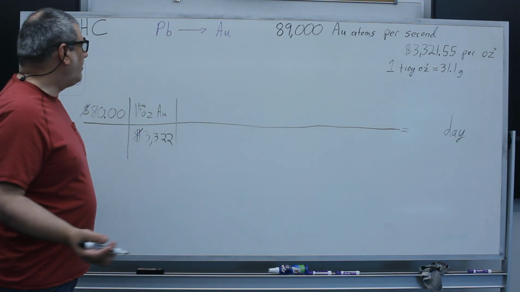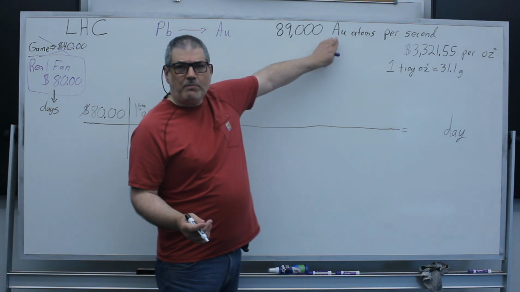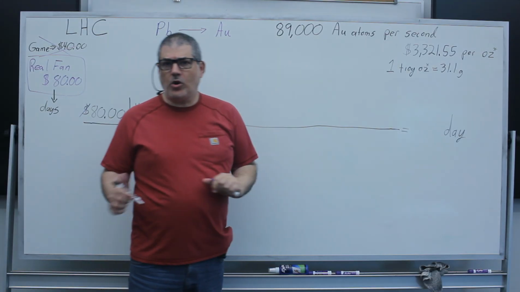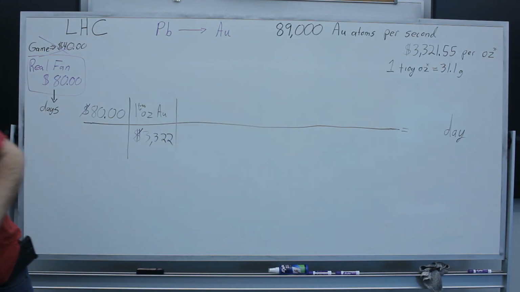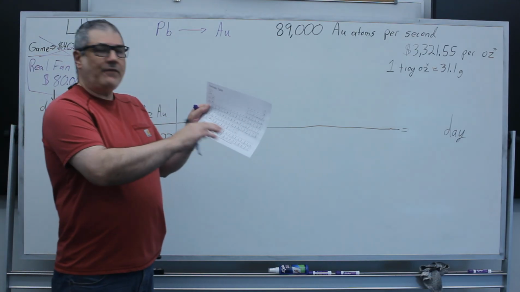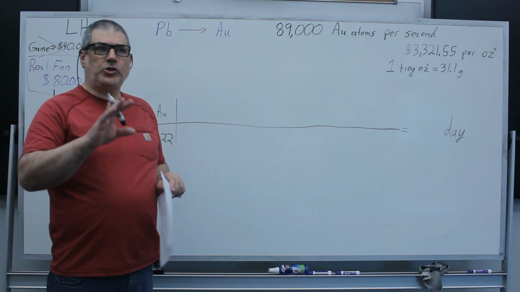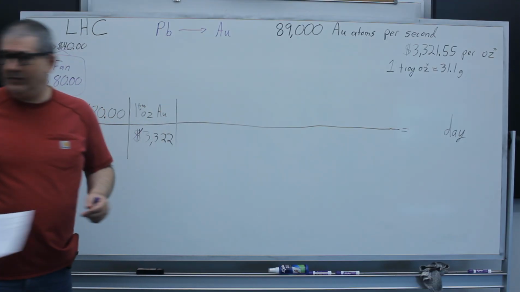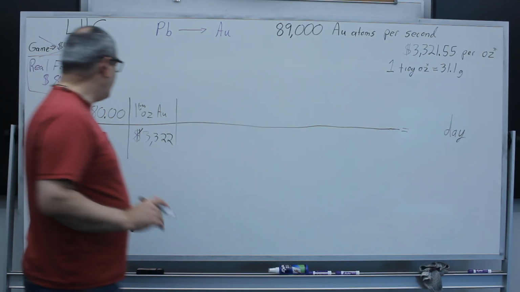So how can we use any of this? Well, we know at some point we're going to need atoms per second, or atoms of gold. On the periodic table, we have conversions for molar mass, which are in grams per mole. And this is where the chemistry part of this will really come in. But we're getting there.